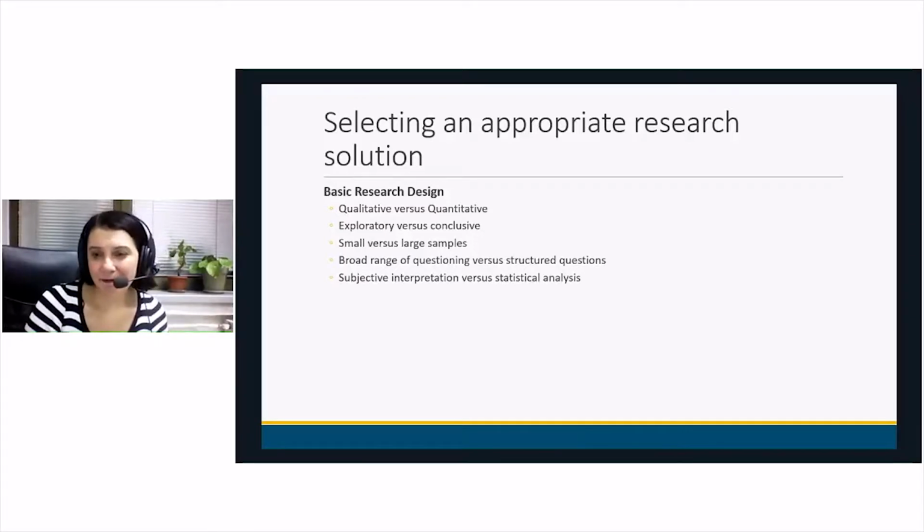Basic research design. This is something that is very important to understand before any kind of research is asked for. The first question is, should we use quantitative or qualitative research?